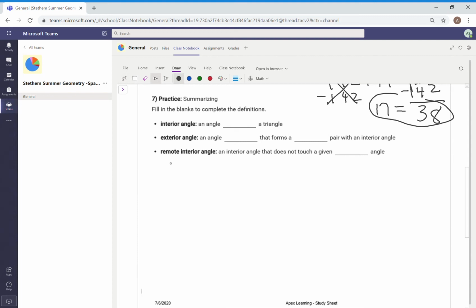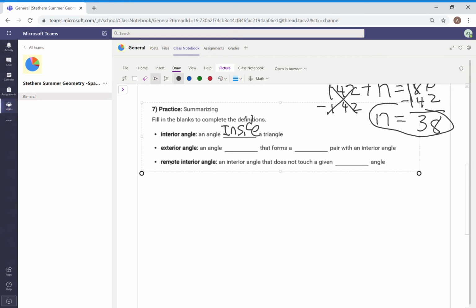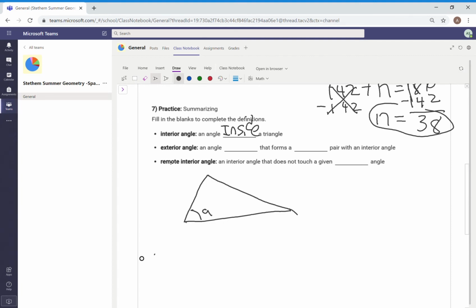So the interior angle is an angle inside a triangle. So if I have a triangle, if I call this angle A, angle B, angle C, they're all interior, they're all inside of that triangle, they're captured.